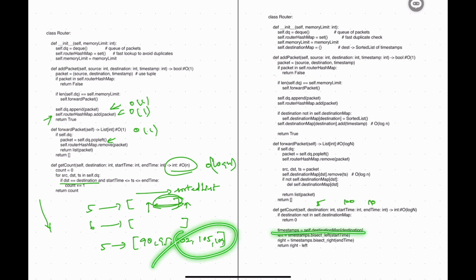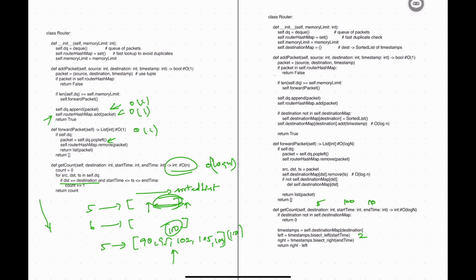Since it's sorted, you can do bisect left to find where the start time 100 would be inserted. It will return index 2. So 100 would be inserted here and 110 would be inserted at the end, right?